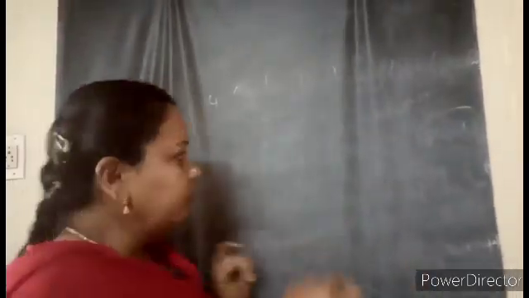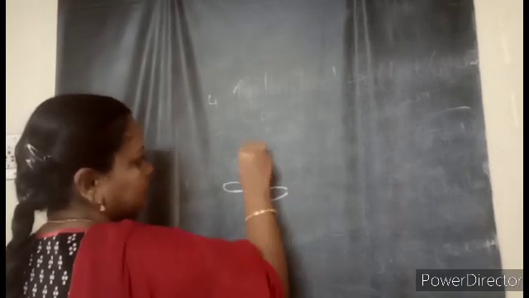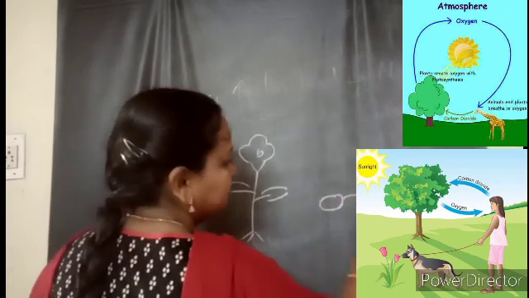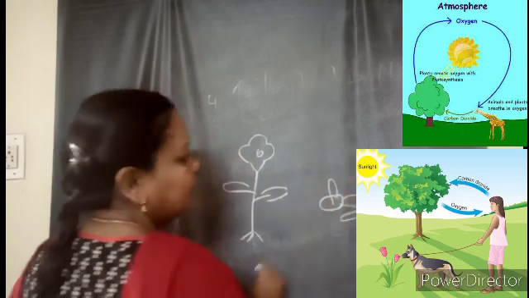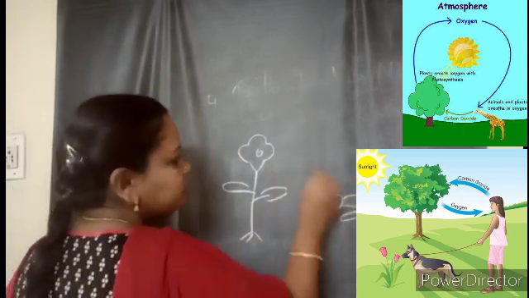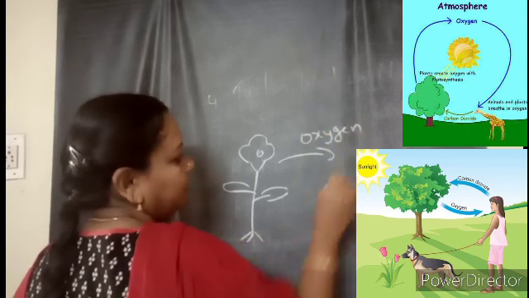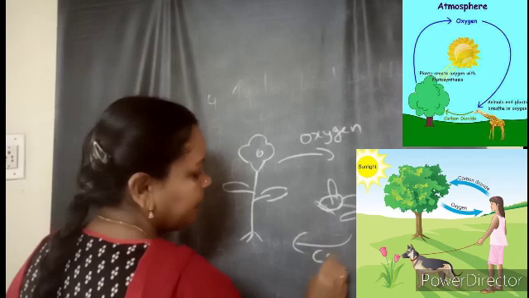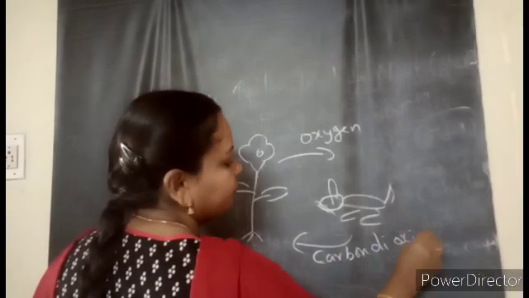See, this is a plant, and here is any one animal. See, plants give oxygen to the animals for living, and animals give carbon dioxide to the plants to make their food.